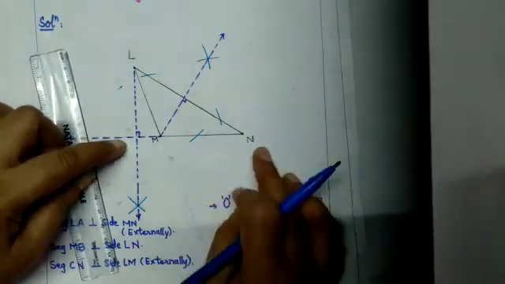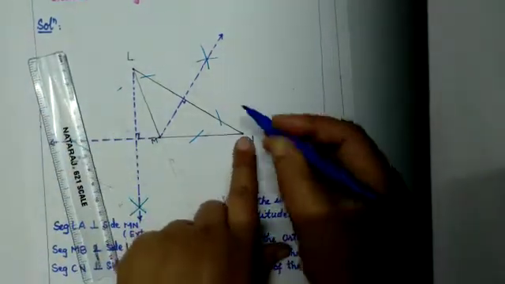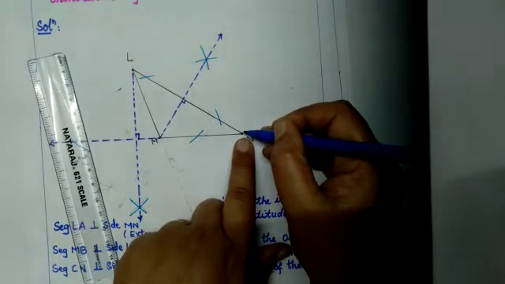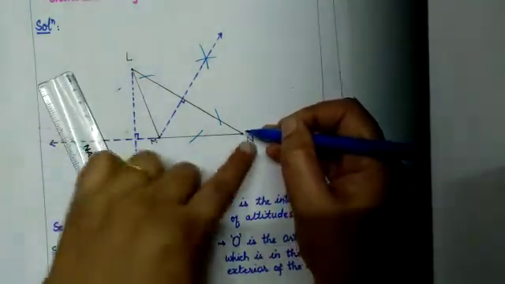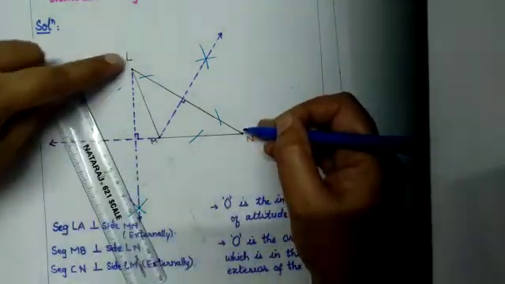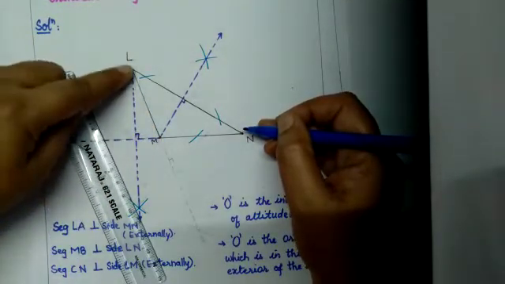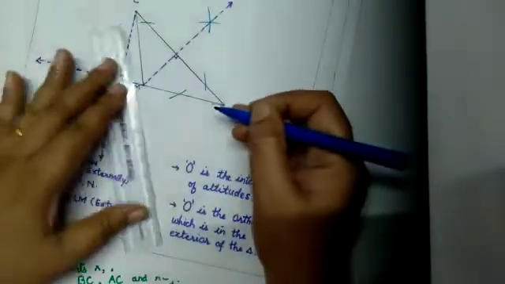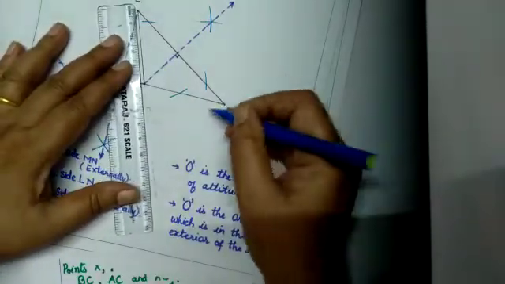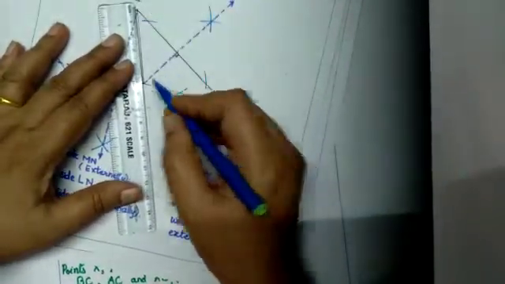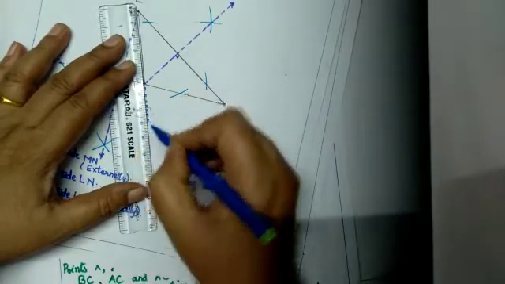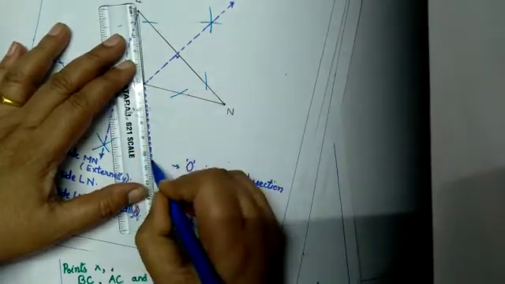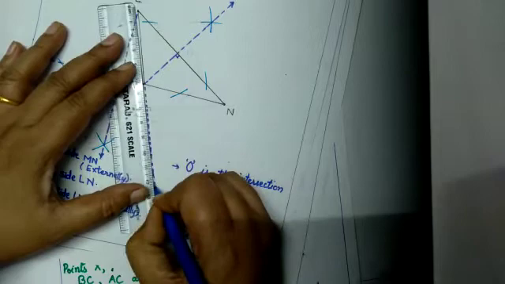So now we have drawn from M also, we have drawn from L also. Now what we will do? We will draw a perpendicular from the vertex N. So from N towards side LM, again we have to extend this LM below. So let us draw one extended line from M towards this side.